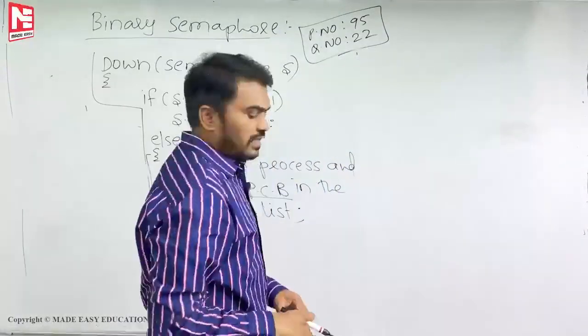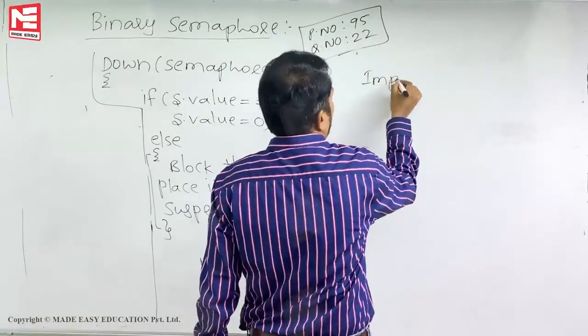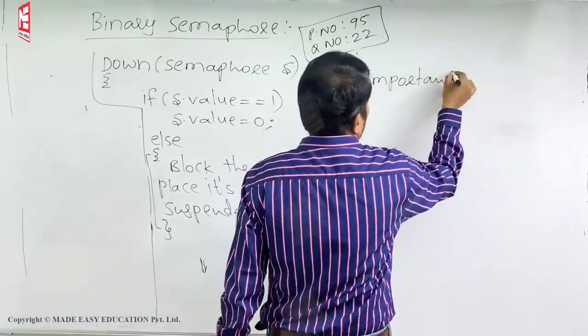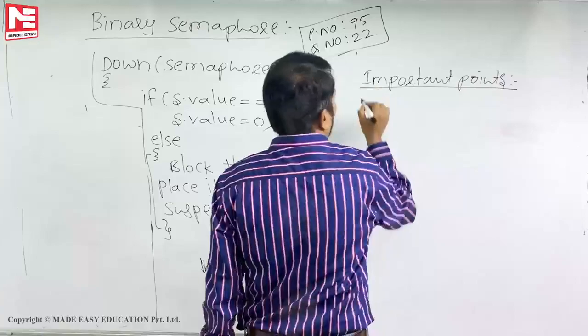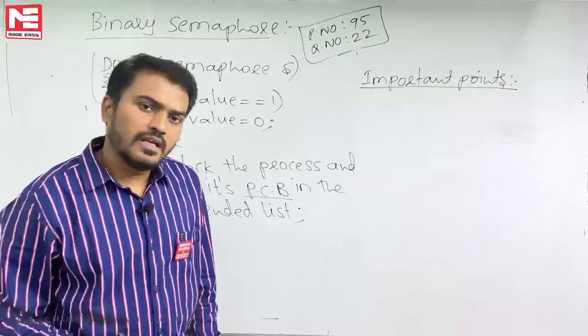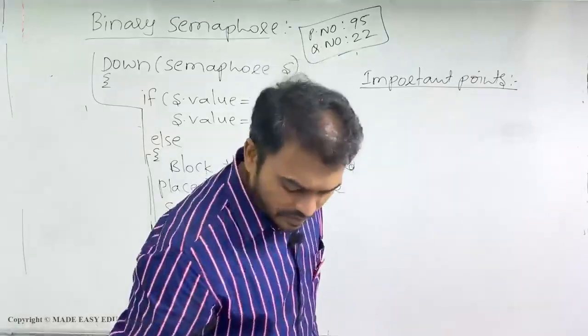Okay. So next, in the continuation, note down the important points. So keep the heading important points. This is important, and after this we'll solve some GATE questions so that you will have clarity. So what is the meaning of this up and down operations?